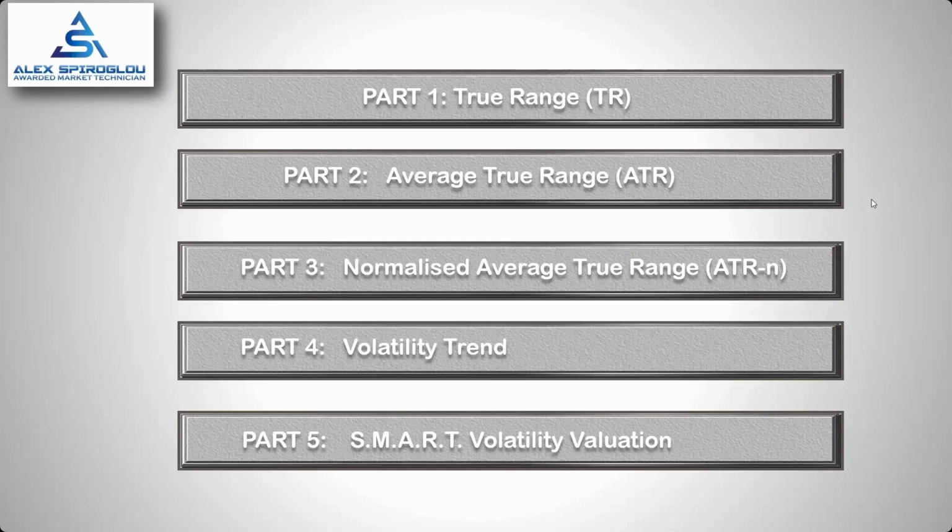Which is very important, because 0.79% doesn't tell us if it's coming off of a low or a high, increasing or decreasing. But volatility valuation doesn't just tell you if it's increasing, it also tells you if it's high or low. And that is very important. And that is a discovery I made.